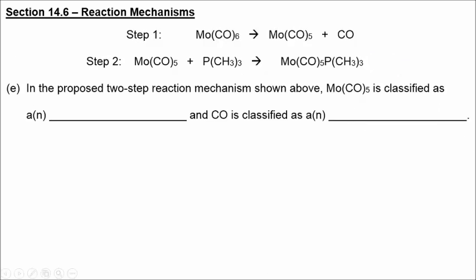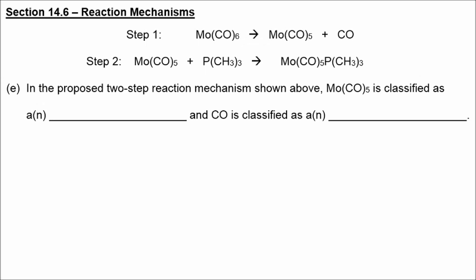Here we have a different two-step reaction mechanism. The first step involves a molybdenum compound, that's Mo(CO)6. And then the second one involves another molybdenum compound, that's Mo(CO)5, plus a phosphorus compound.